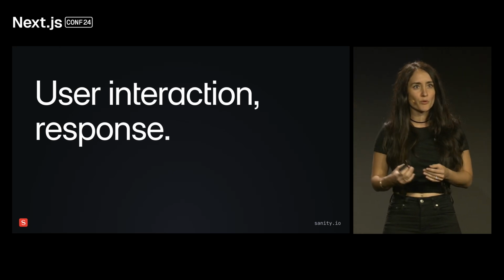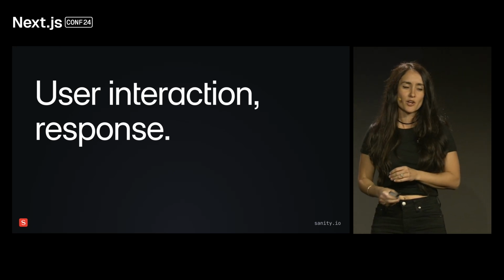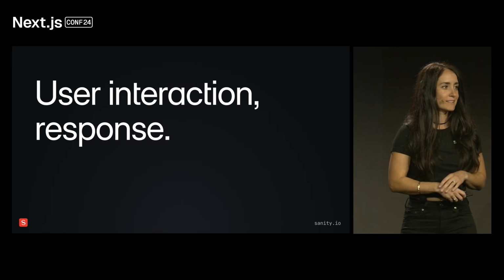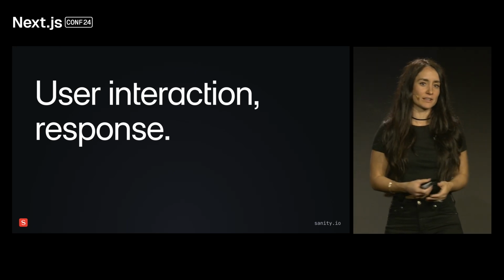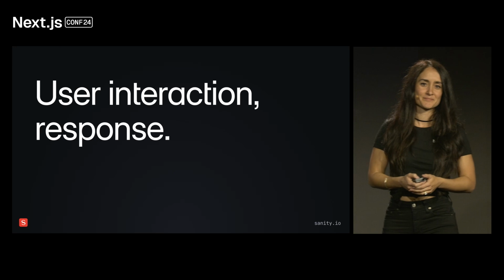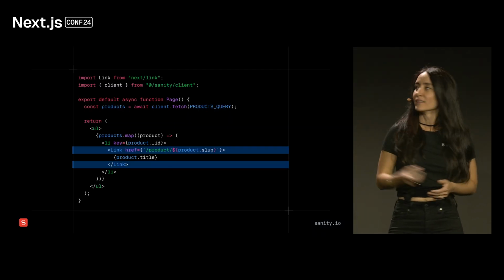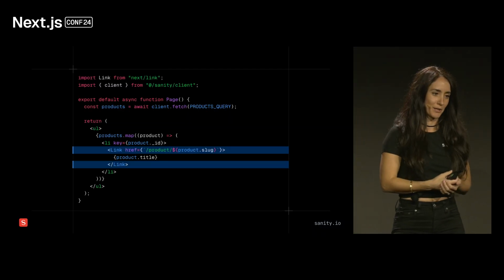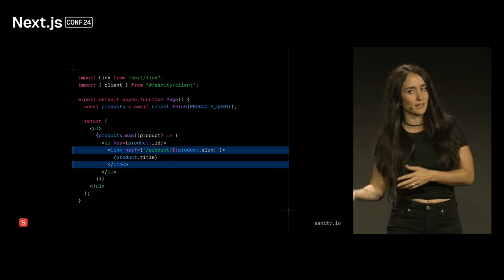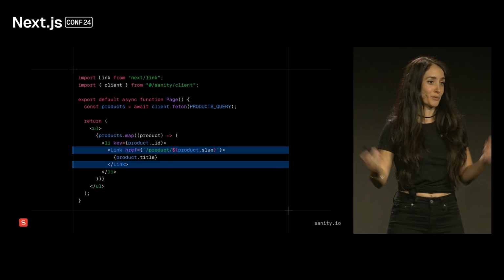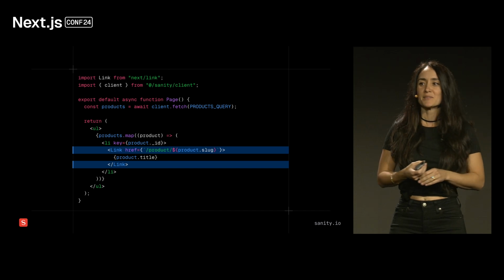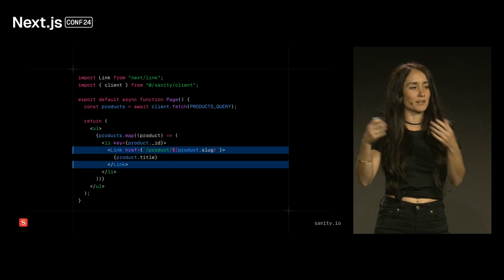We can improve the way the browser loads new data with client-side JavaScript, like when a user clicks a link. The Link component provided by Next.js gives us client-side hydration, so we don't have to do a full page reload. But it is still a request and a response.